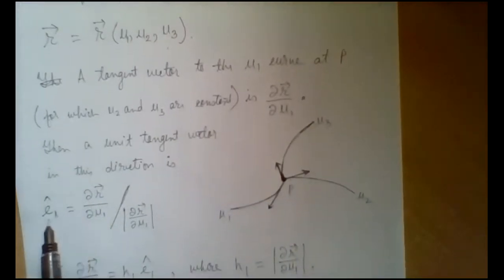The unit vector along the curve U1 is given by the tangent divided by the magnitude of the tangent to the U1 curve.